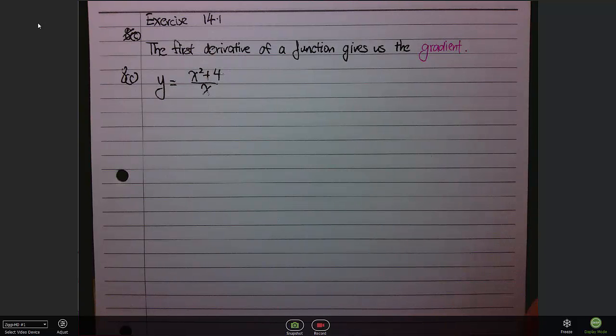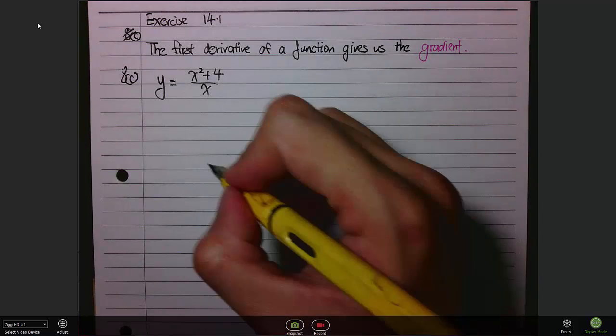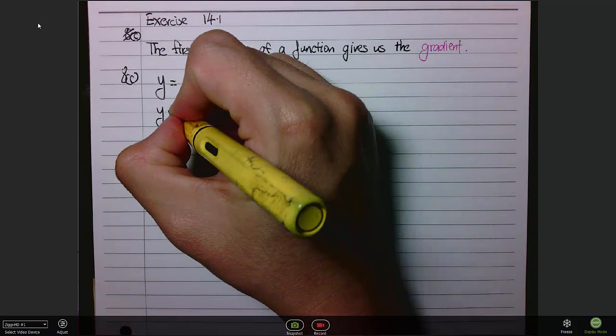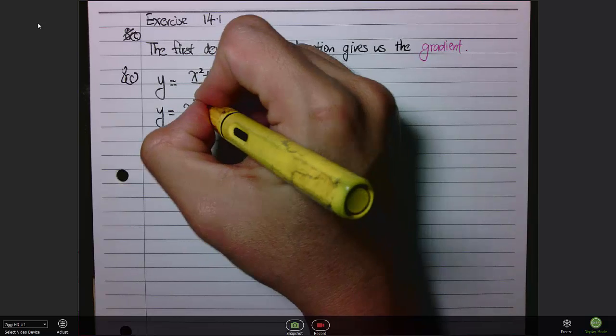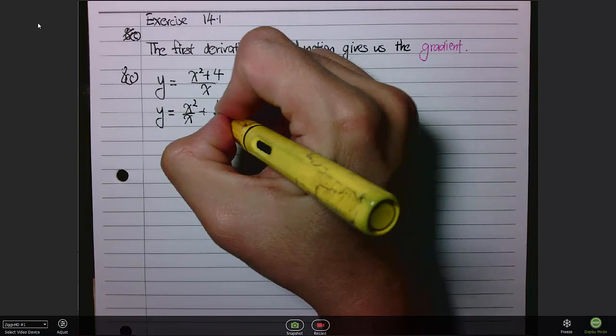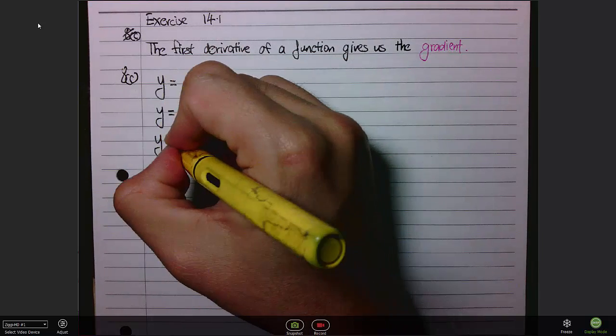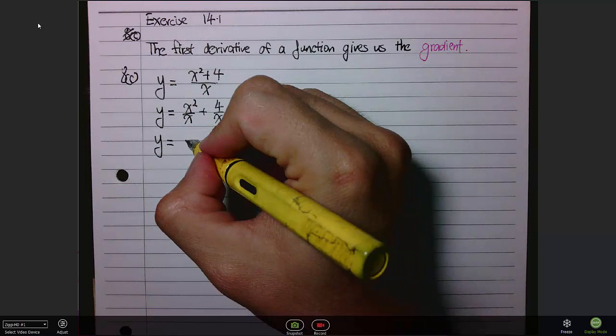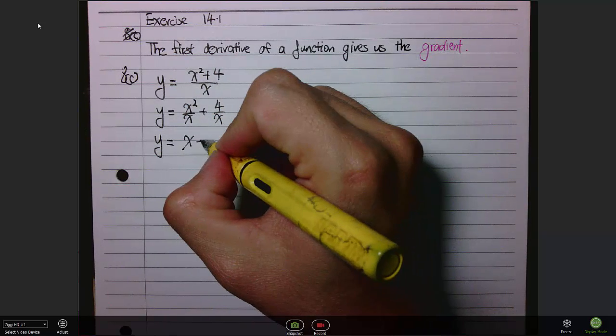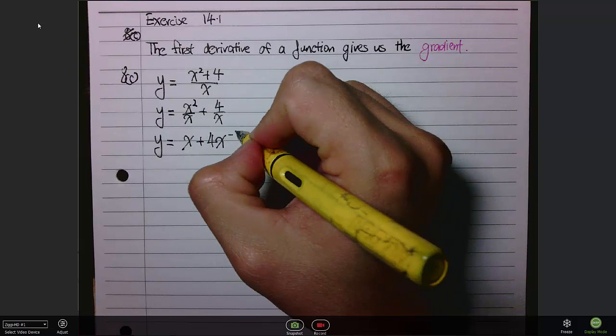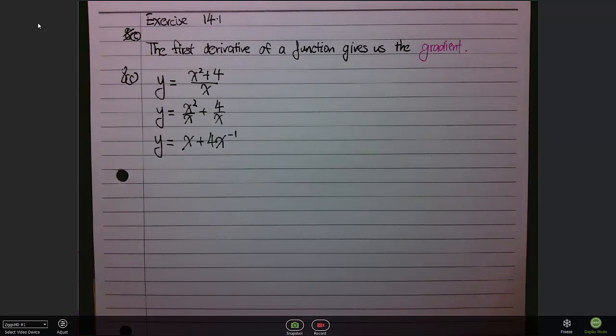Before we can even do anything, what we have to do is simplify the equation. So I get x squared over x plus 4 over x. If I simplify further, I get x plus 4x to the power of -1.